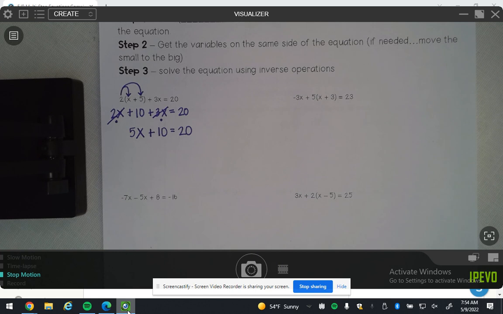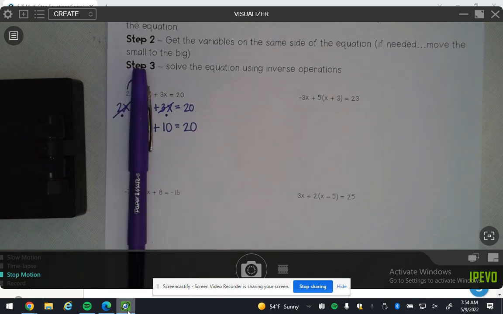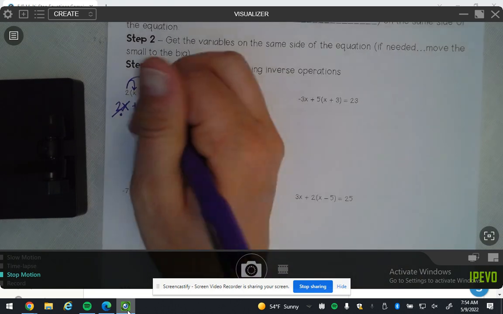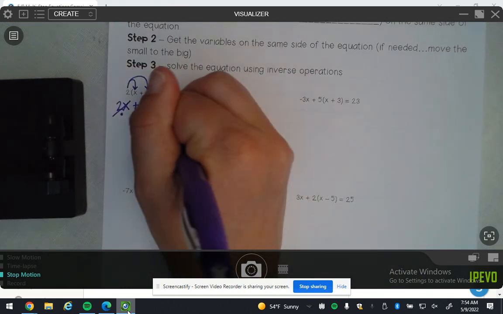Now, Elijah, what am I going to do now? Cover up the x like you said. Cover up the x. What's on the same side as my pen? 10. Is that 10 positive or negative? Positive. How do I move it to the other side? I need to subtract it. I need to subtract 10 from both sides.